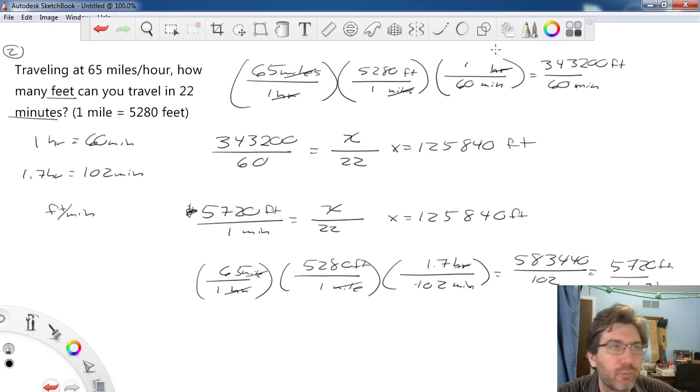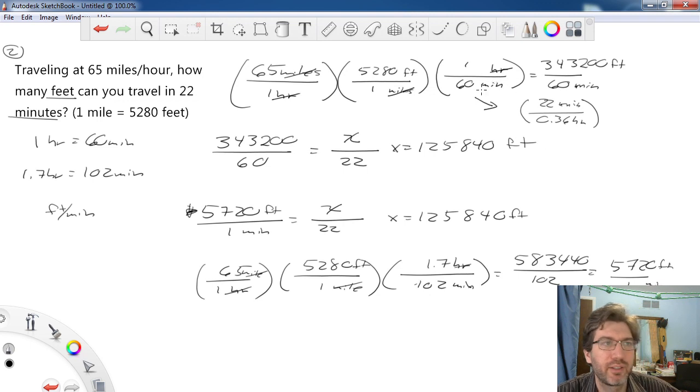Evie, you're multiplying by this twice. You don't need to go back to hours on the bottom. You want minutes on the bottom. You went back to hours when you did the 22 minutes over 0.36 hours when you figured out this ratio. Is that how you did it?